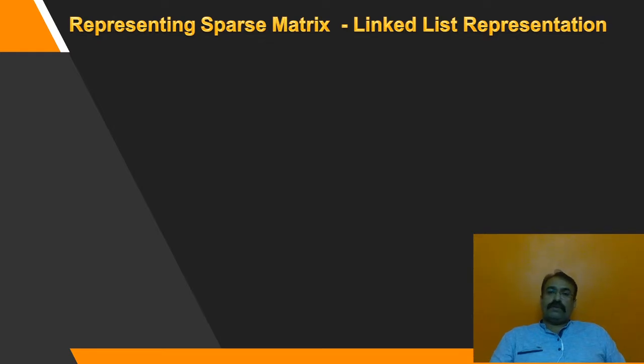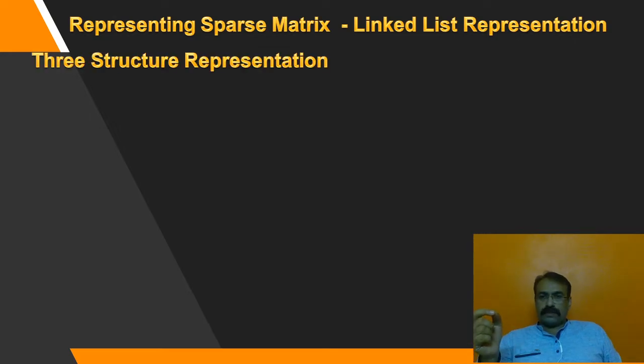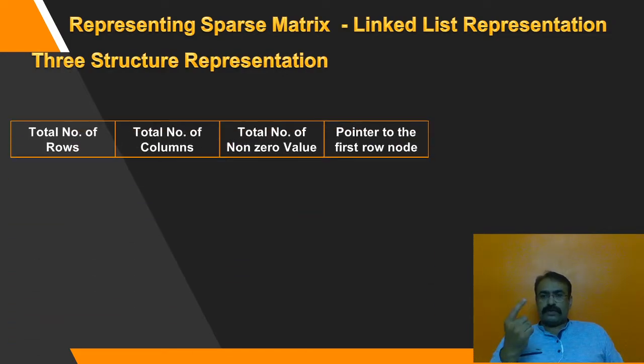We are now trying to represent the matrix with a linked list having different types of nodes, having different structures. It is called a 3-structure linked list representation for a sparse matrix. There are 3 different structures we'll have to keep in mind. First structure is the head node structure.